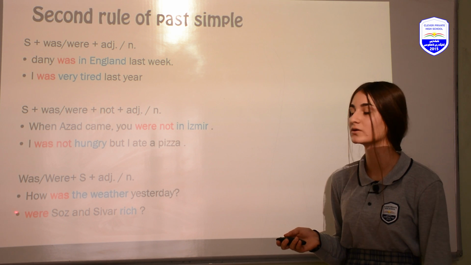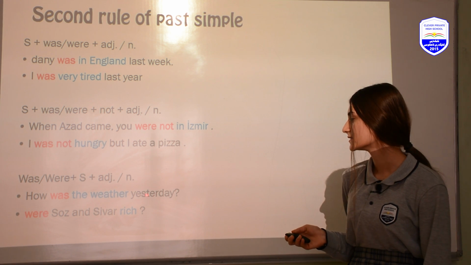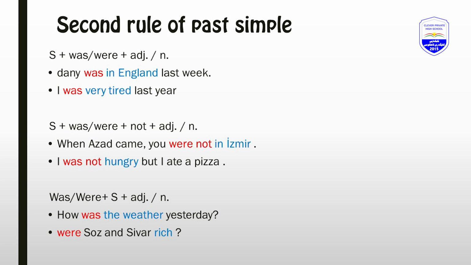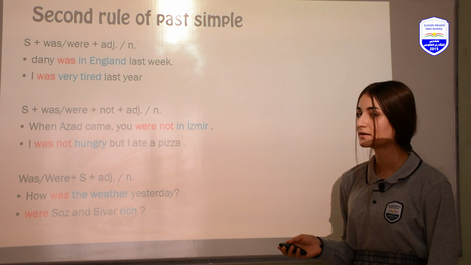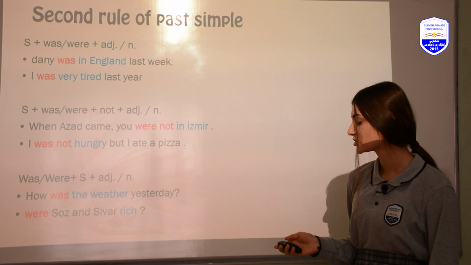Was is in the rule, the weather yesterday, and a question mark again. Another example, where were... we use were because we have a plural subject. There are two persons, rich is the adjective, and a question mark.